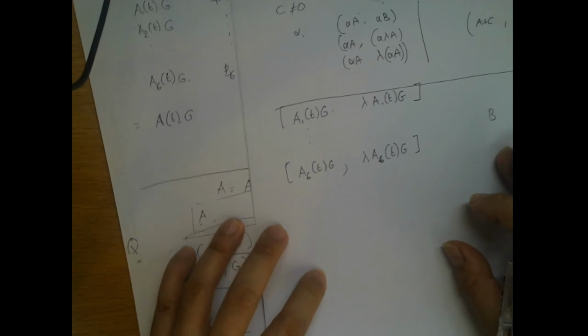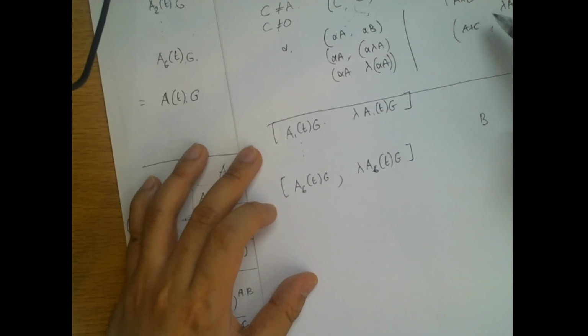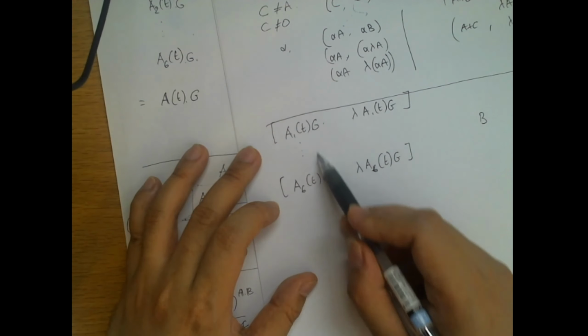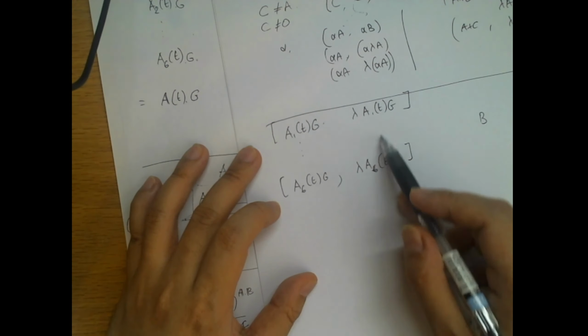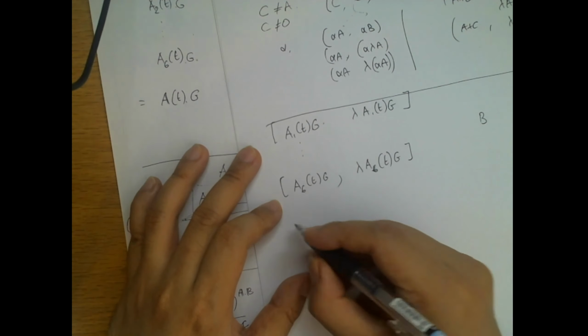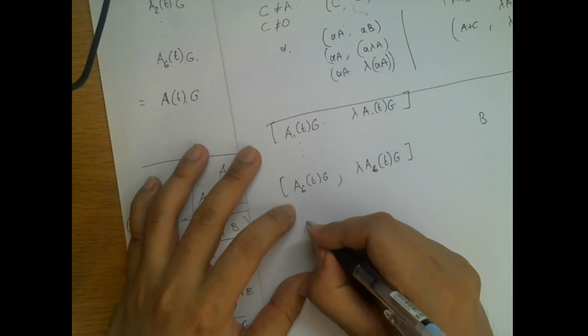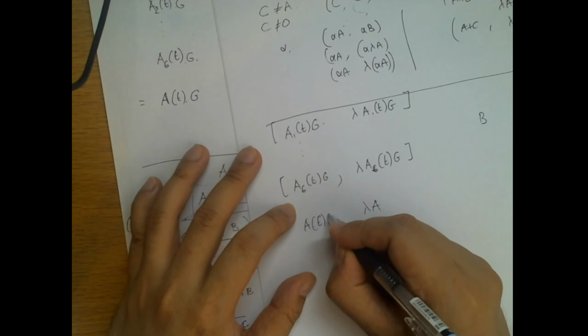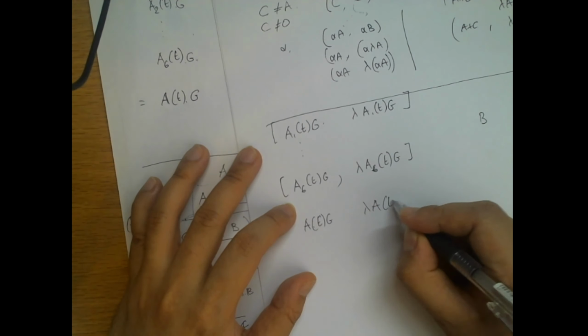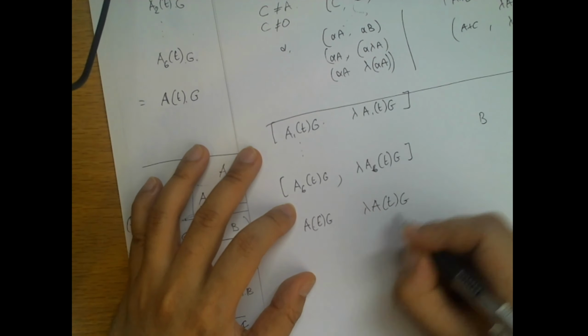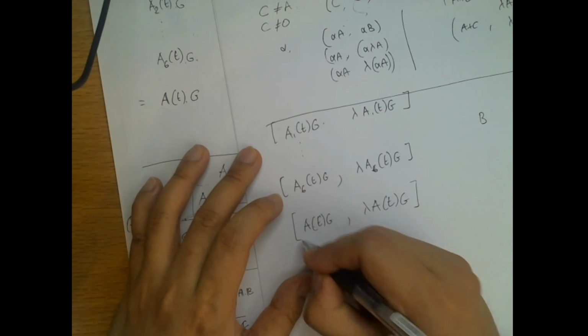Then if the prover made a linear combination of these points here, and does the same with this point here, he will obtain A and something which is also a lambda A, right? So A of G, A T of G, and lambda A T of G, and that would be a valid pair.